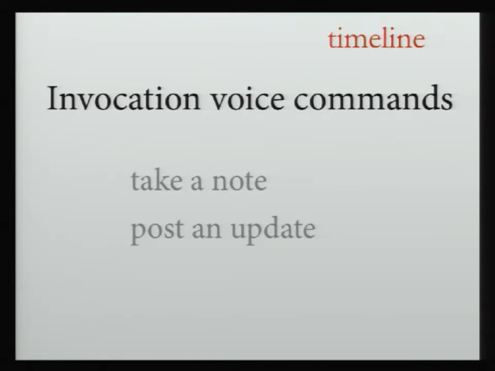But there is an open discussion in the Glass community, so everybody can suggest other things, like I want my app to respond to OK Glass something. Right now Google is in charge of all the possible options. Today we can just communicate with take a note and post an update.